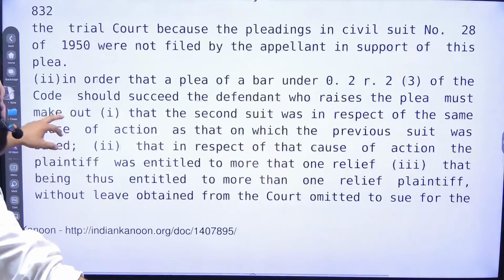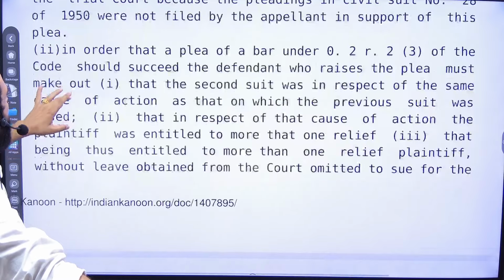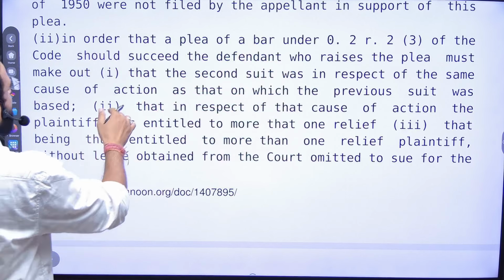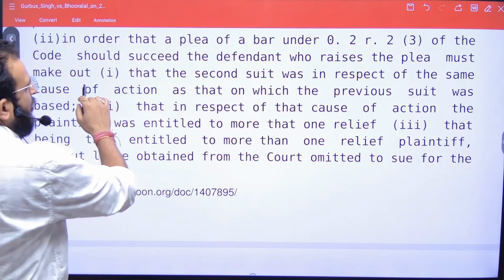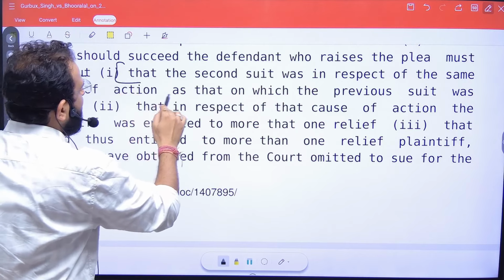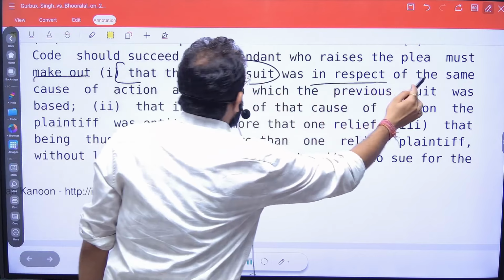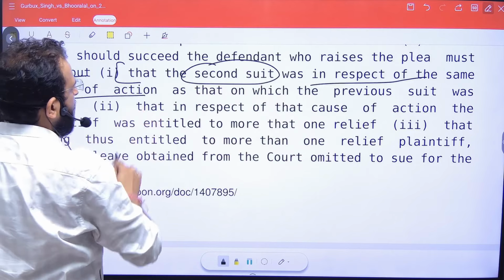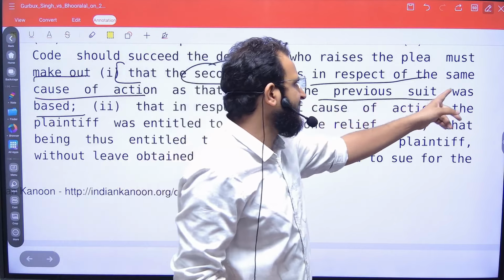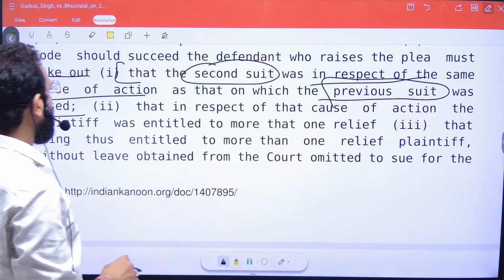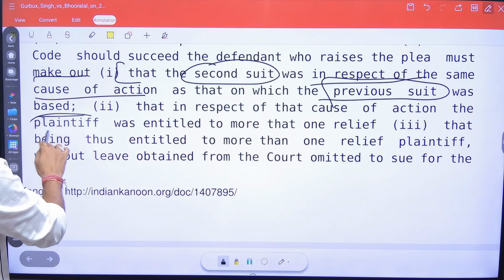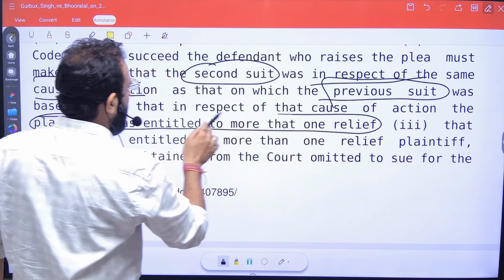Furthermore, the second point is, in order that the plea of bar of Order 2 Rule 2 Sub-rule 3 of the Code should succeed, the defendant who raises the plea must make out what? One, that the second suit was in respect of the same cause of action as that on which the previous suit was based. So in the previous suit as well as in the subsequent suit, the cause of action is altogether the same. Two, that in respect of the cause of action, the plaintiff was entitled to more than one relief.